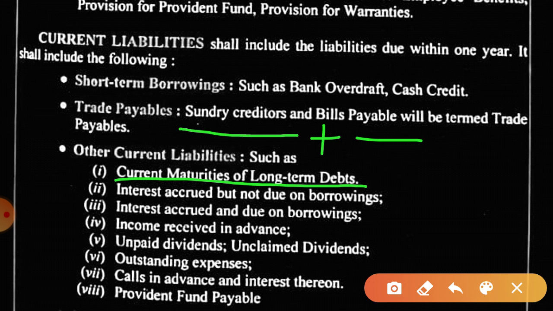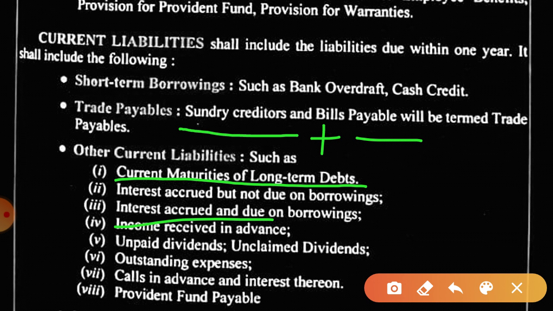It is due on 30 September. Then the next point is interest accrued and due on borrowings. When the interest is accrued and due also, that means the due date has passed, that is termed as interest accrued and due on borrowings.